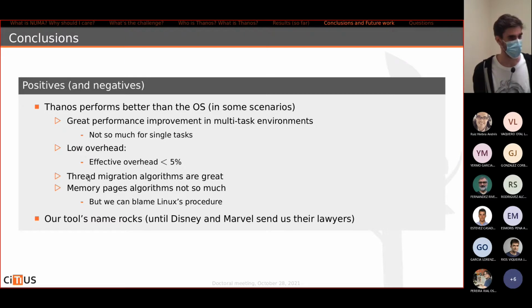And our thread algorithms are great. They perform really, really well. But our memory page migration algorithms are not so great. But here we have an excuse, and it's a well-known problem in the research community that the Linux procedure for migrating pages is not very efficient and has a huge overhead. So we hope that once that mechanism is improved, our results should improve too. And finally, we can state that our tool's name is really, really cool, which is the best positive for me.